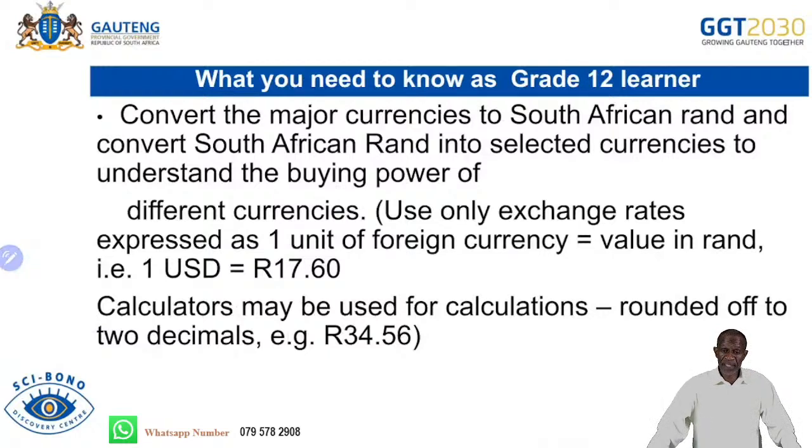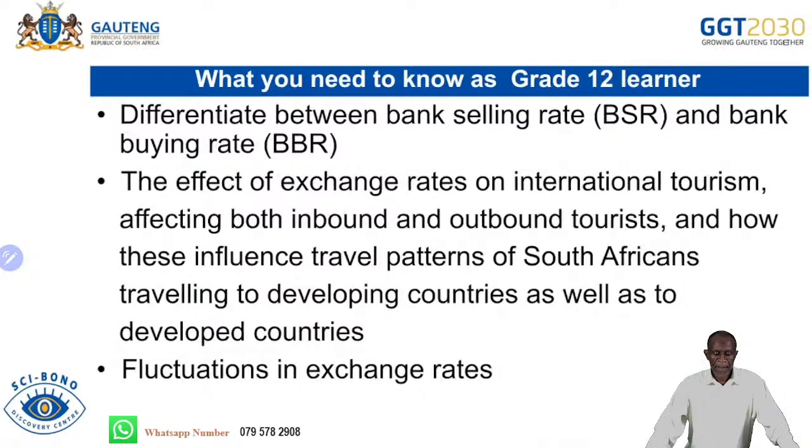After the point, only 2 digits are acceptable. You also need to be in a position to differentiate between bank selling rate, which is BSR, and bank buying rate, which is BBR.